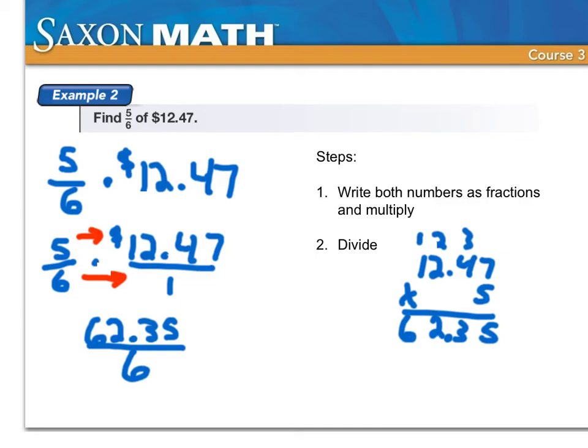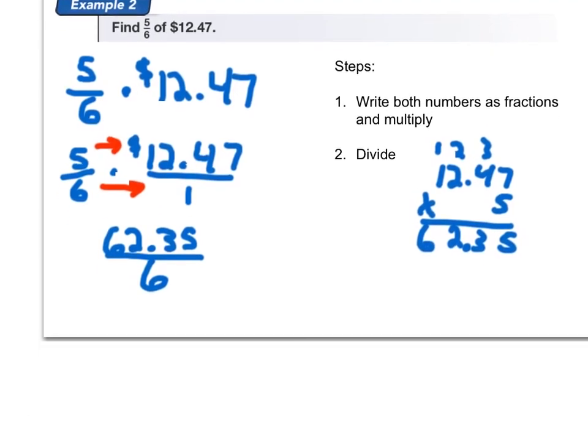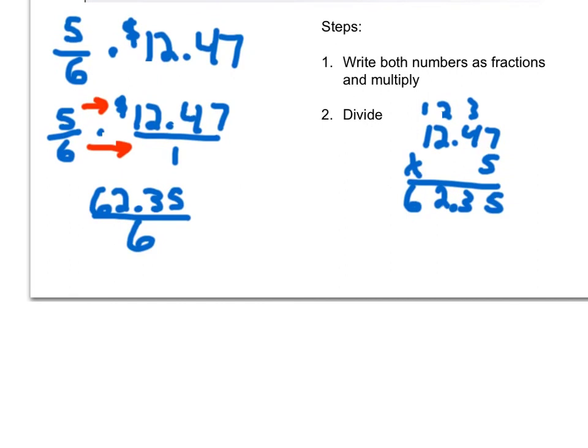Now step 2 is to divide. I'm finding 5/6 of $12.47, so I need to divide and write my answer like money. Okay, so now I'm going to take $62.35 and divide it by 6. Well, 6 goes into 6 once.